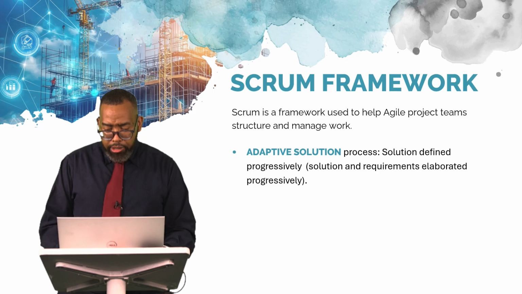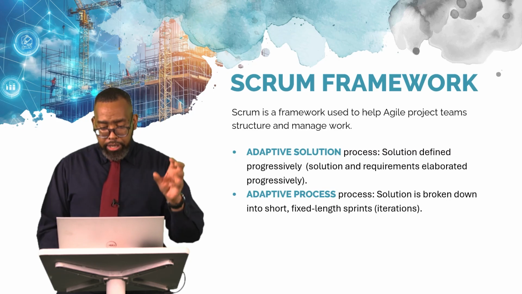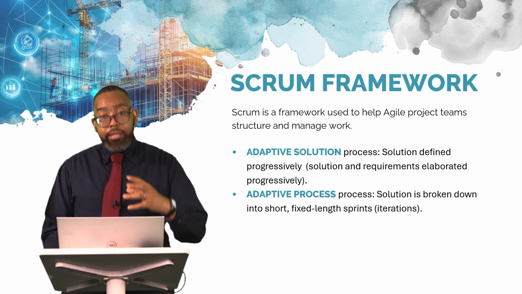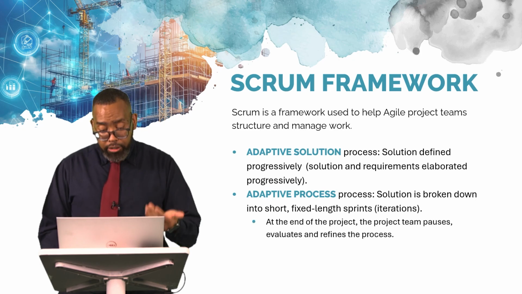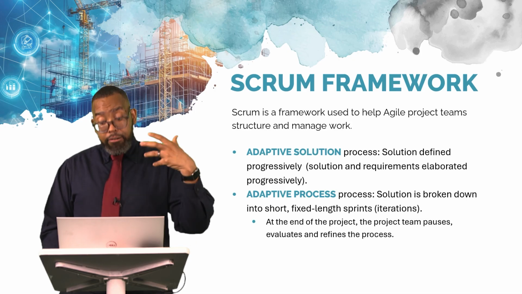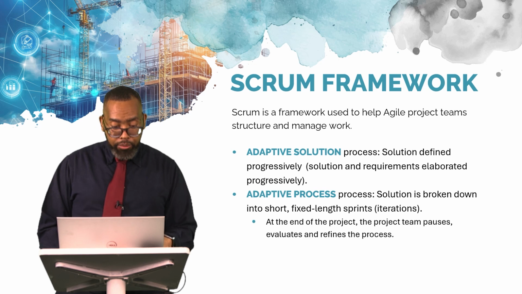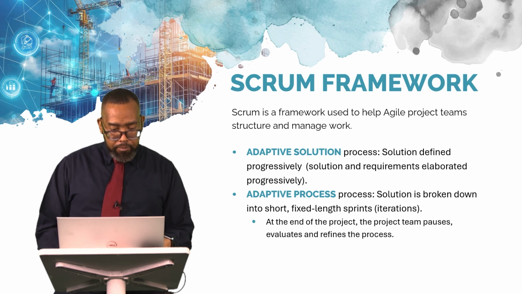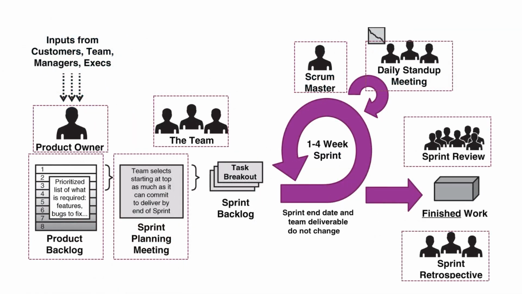Scrum is also an adaptive process, which means that the solution is broken down into short, fixed-length iterations, which we call sprints. And at the end of each sprint, the team reflects, pauses, evaluates, refines, reworks and improves the process.